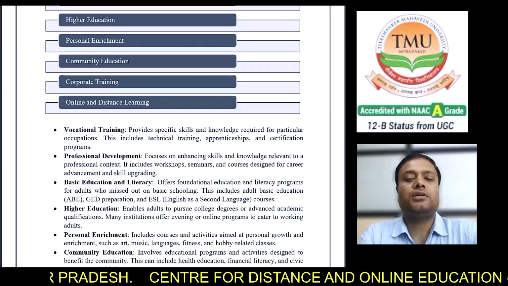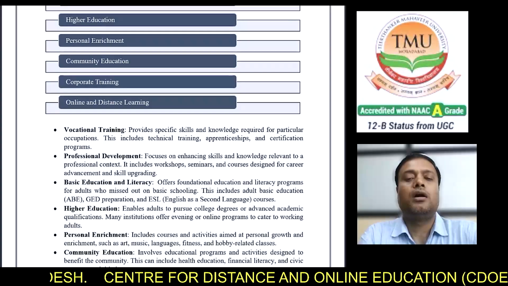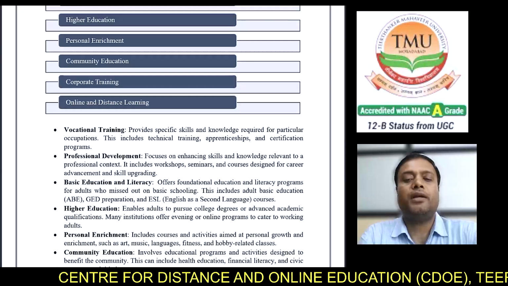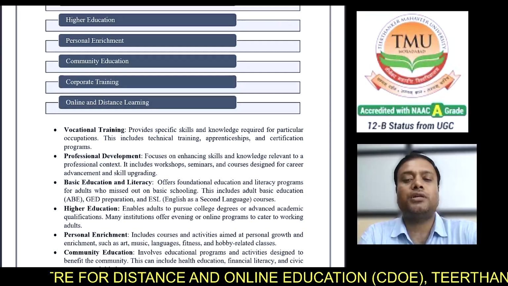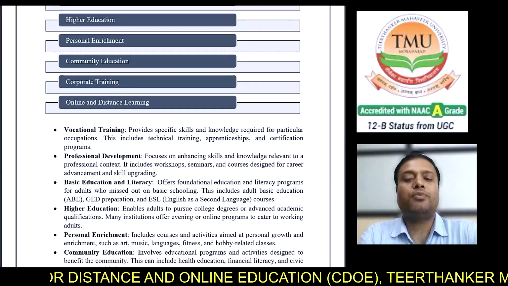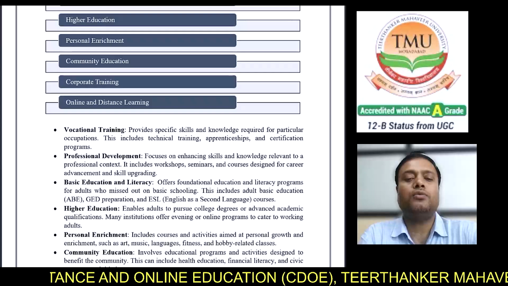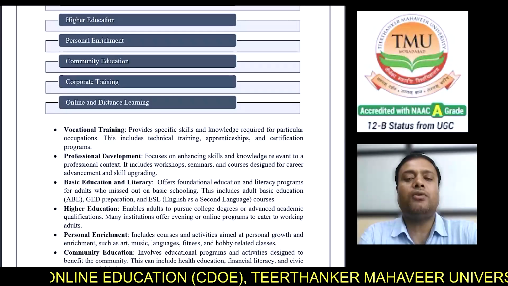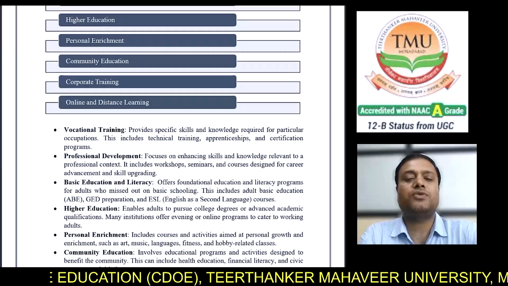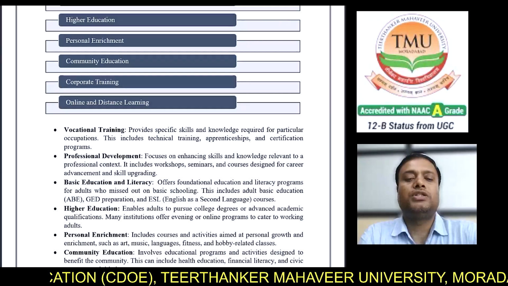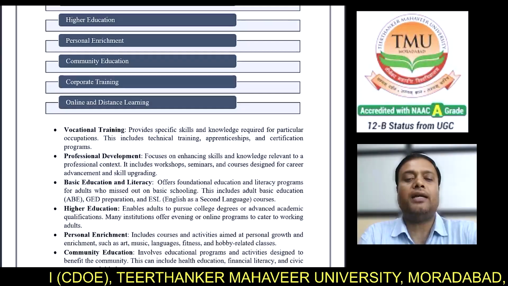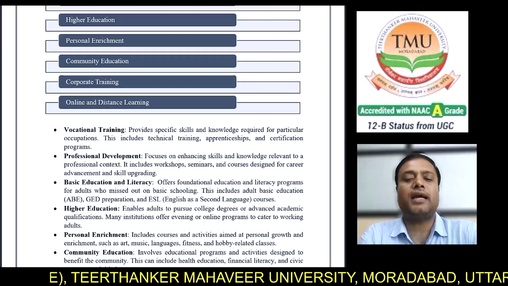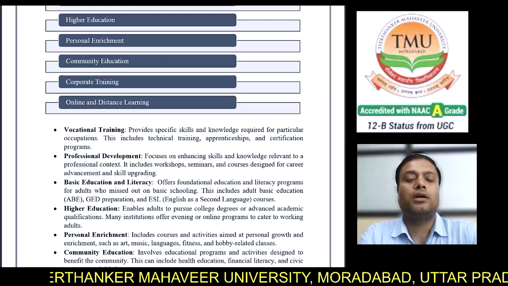Basic education and literacy. It offers fundamental foundational education and literacy programs for adults who missed out on basic schooling. It includes adult basic education, GED preparation, and ESL, English as a second language, courses.